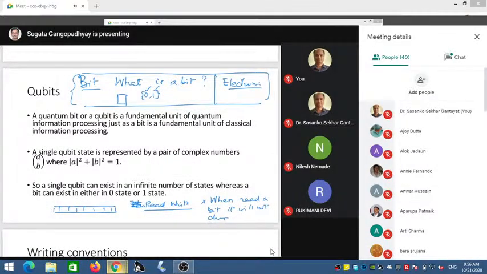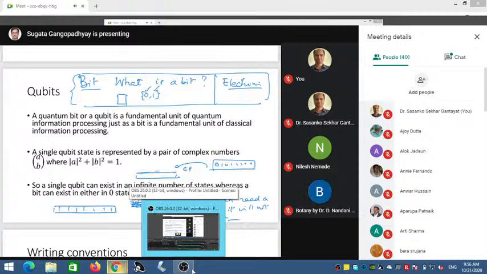We also know that we can copy a bit. Suppose I have something like 10101100, an 8-bit segment. I can very easily copy this and prepare another 8-bit segment having the same elements, and that's a copy of that.